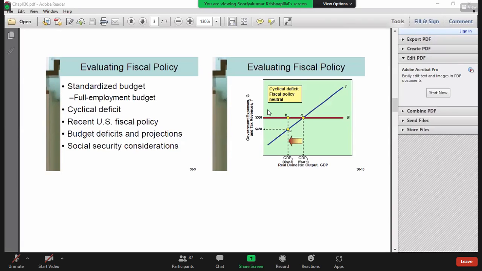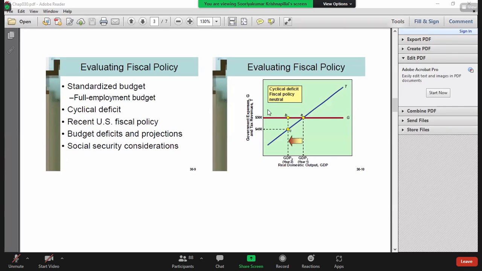So the government uses a standardized budget. From that budget they can identify whether it is now expansionary fiscal policy or contractionary fiscal policy in the economy, because part of the government expenditure, the budget deficit, budget surplus are occurring because of this passive automatic.